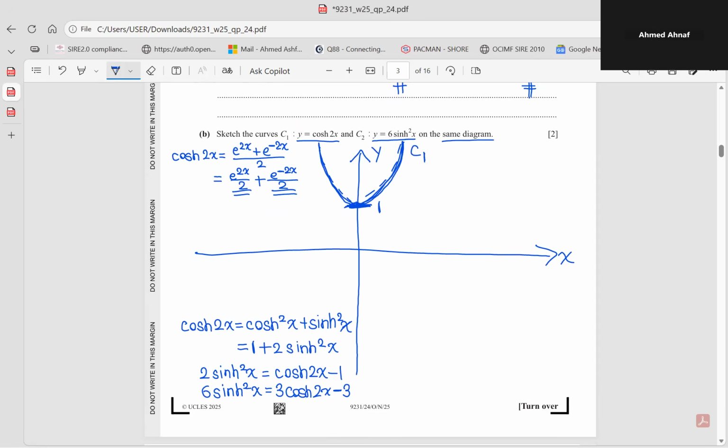Okay, so doing that, the maximum point would be, actually, let me just shift C1 down a bit.